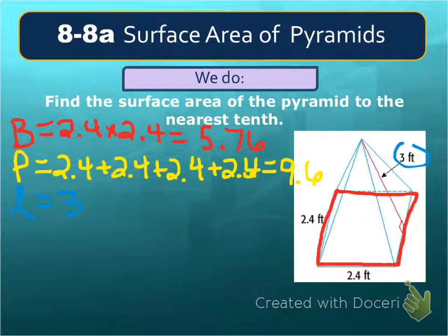So now all I've got to do is put all of these together in that formula. Surface area is equal to the area of the base, which we just found is 5.76, plus 1/2 the perimeter, which is 9.6, times the slant height, which is 3.